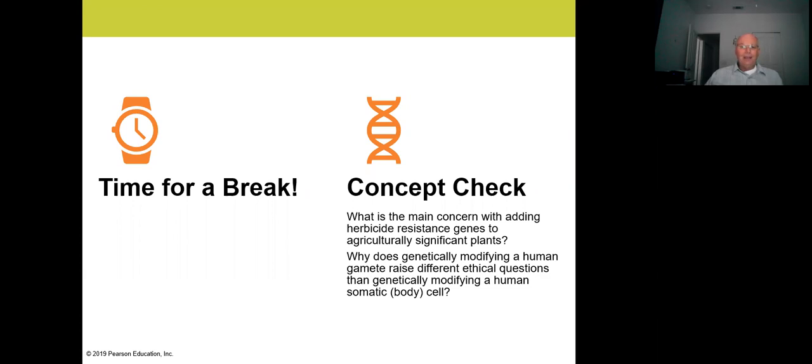However, if you modify a gamete, you're not just affecting the current individual, you're affecting subsequent generations, because now that genetic modification is going to pass, or potentially be passed, into subsequent generations. And that has greater implications than just affecting the life of a single individual. And that's where a huge part of the ethical and legal concerns over genetically engineering humans starts to emerge.